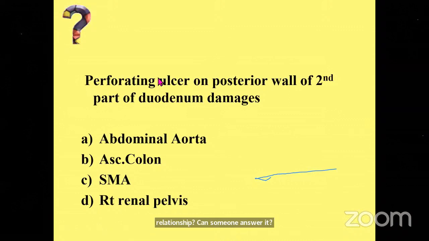Somebody is answering it thinking third part, and it is the posterior relation which is asked. It is not the anterior relation. Can someone answer it? Yes, I'm getting the answer. It is the right renal pelvis.